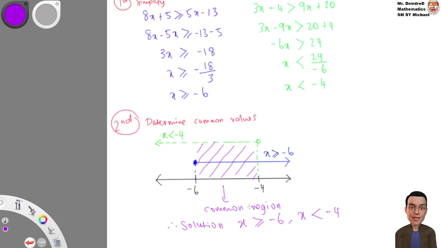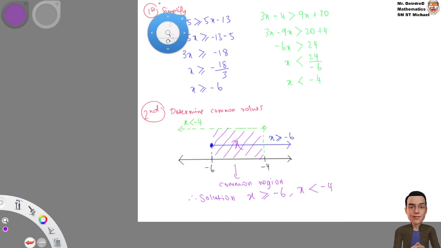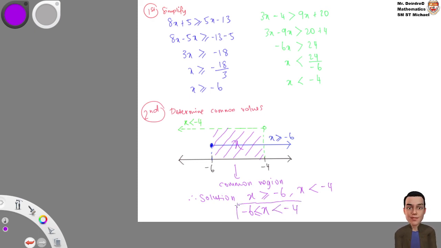If you look at why it is like this, x is greater than or equal to negative 6 from here, and then x is less than negative 4. Therefore you combine them all together: negative 6 less than or equal to x less than negative 4. This is our final answer.